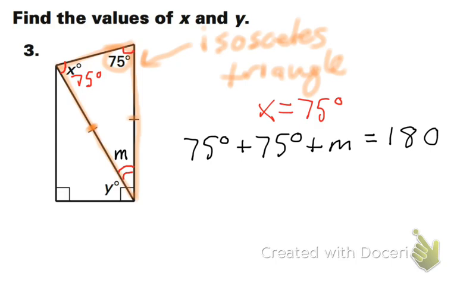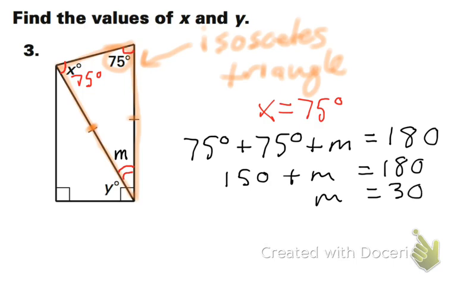I'm going to combine the two 75s to be 150. So now I have 150 plus m equals 180. I'm going to take away 150 from both sides, and I get that m is equal to 30. And so you might be wondering why I even care how big this angle is.